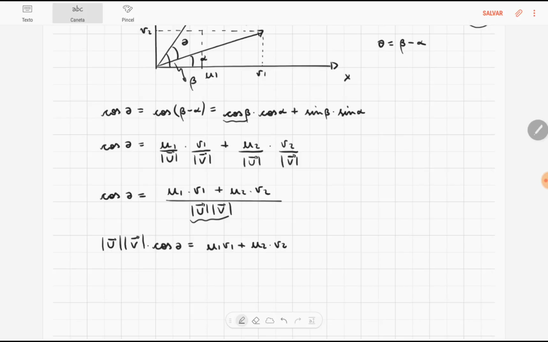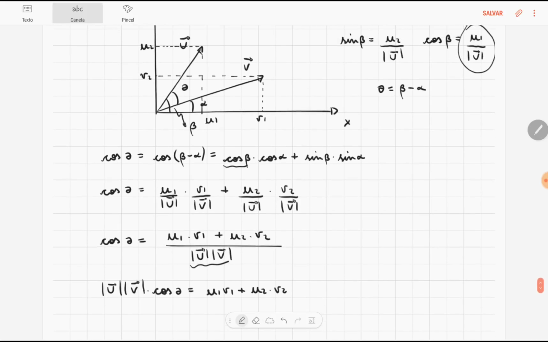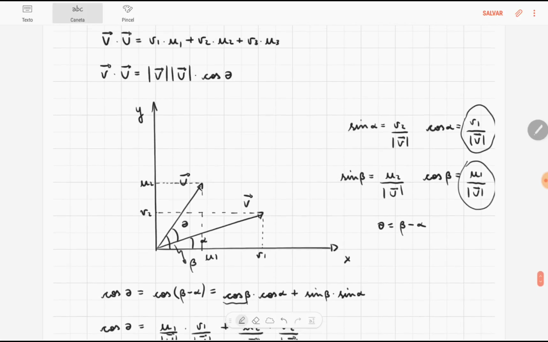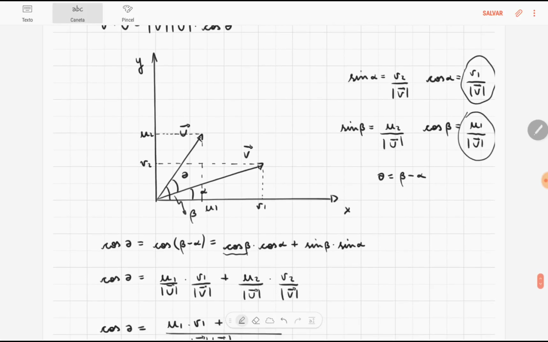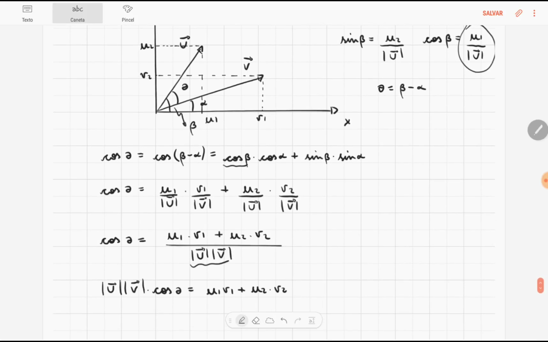So as we were trying to prove, we could prove that both relationships, both formulas are valid to calculate the dot product of two vectors. That's it.